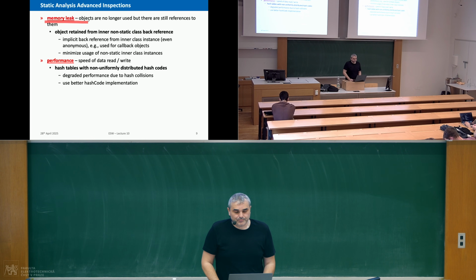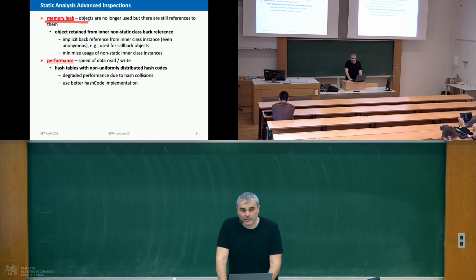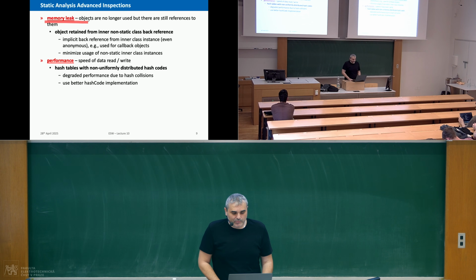Another option is that it is very popular to create anonymous implementations of some interfaces, for example the Runnable interface, or Callable with a call method. If you have an anonymous implementation of the code, or you are creating a lambda function, which implies, in fact, an anonymous implementation as well, that anonymous implementation contains an implicit back reference from the inner class to the enclosing class automatically.